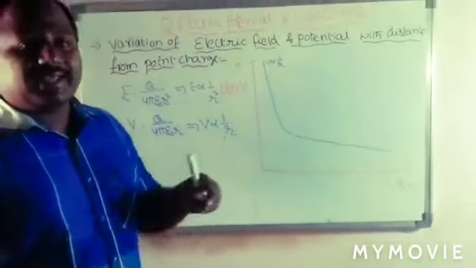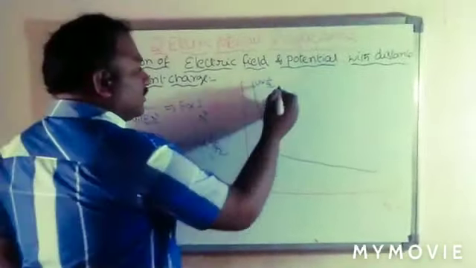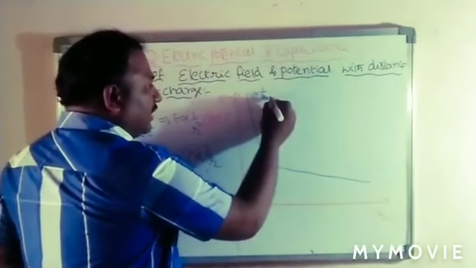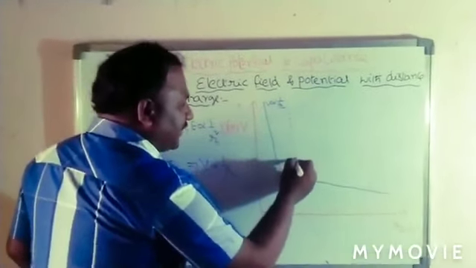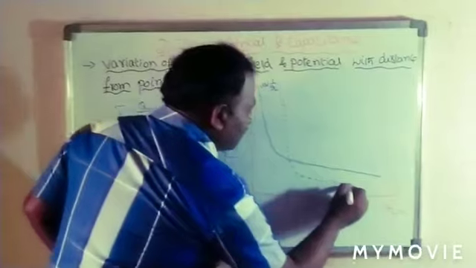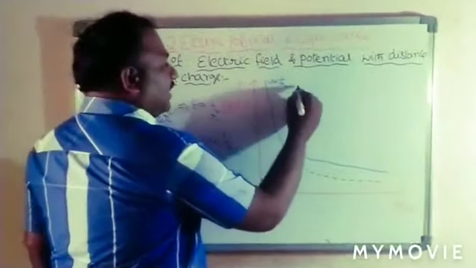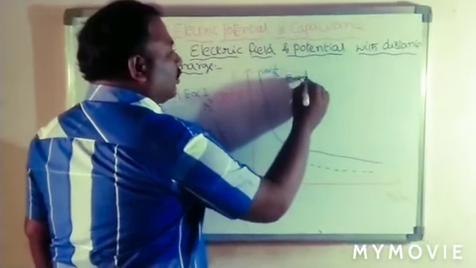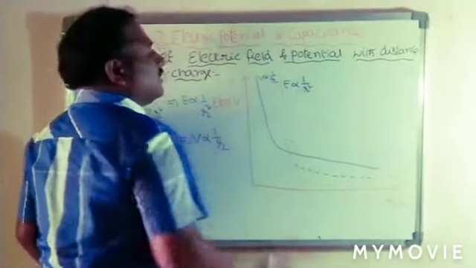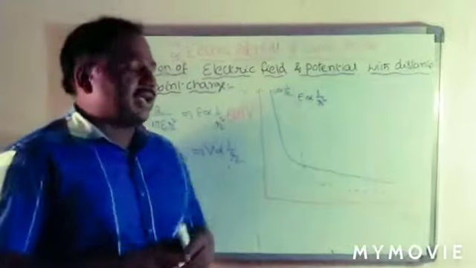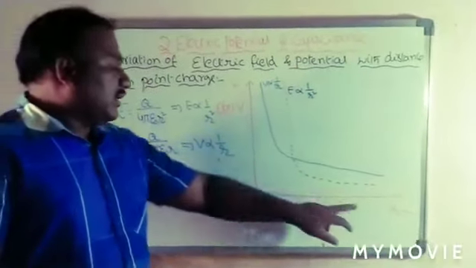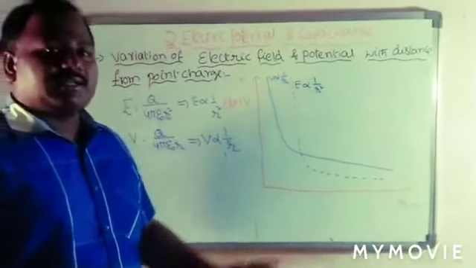The field is 1 by R square, so here the variation I am indicating with the dotted line. This is the variation of electric field with respect to the distance. Here E is inversely proportional to R square. So this is the relation between electric field and distance and potential and distance.